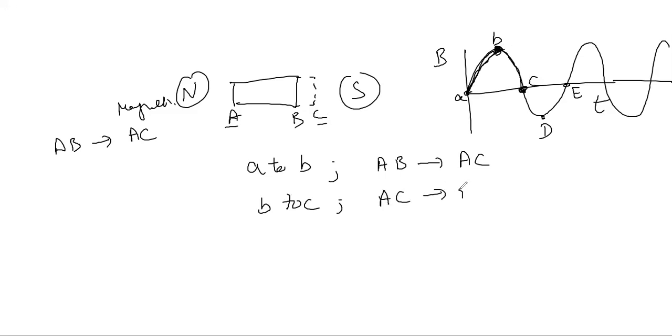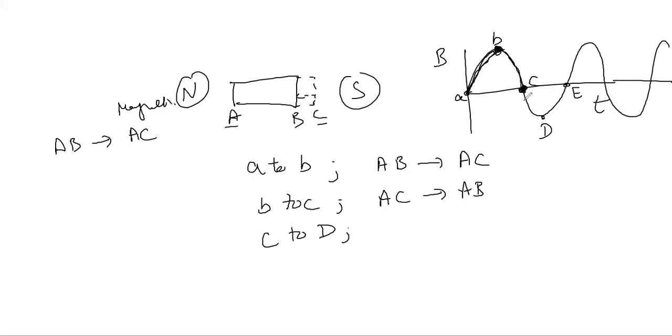It will come back to its original size, क्योंकि आपने magnetic field को 0 कर दिया है. So वो AC से reduce होती जाएगी जैसे जैसे आपका magnetic field कम होता जाएगा, और eventually वो अपने original size में चली जाएगी. When you go from C to D, I have written it capital for some reason.